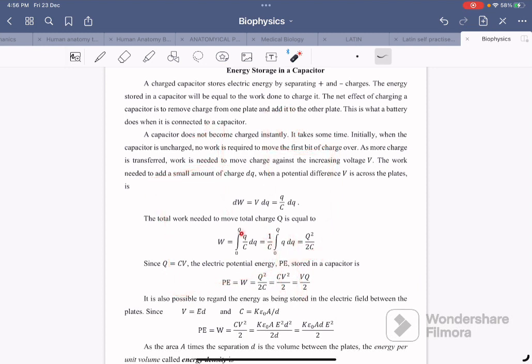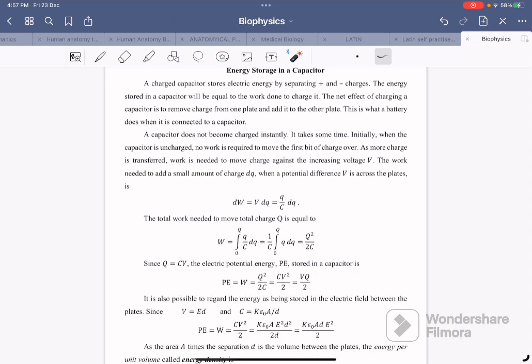So that q must be this q, and this point of origin must be the charge, the smallest charge, which is going to be brought to a certain distance. Okay, so work done is equal to integration of the test charge, let's say, to the source charge q.